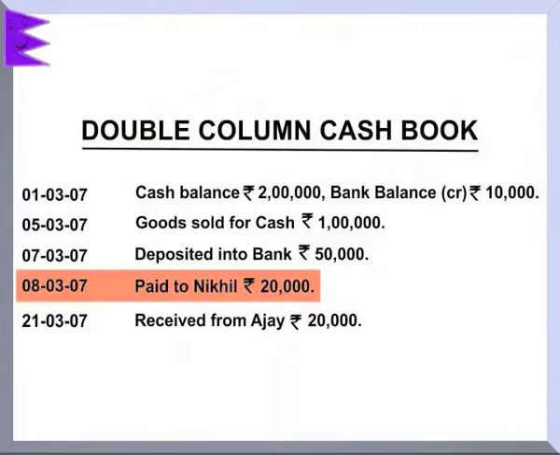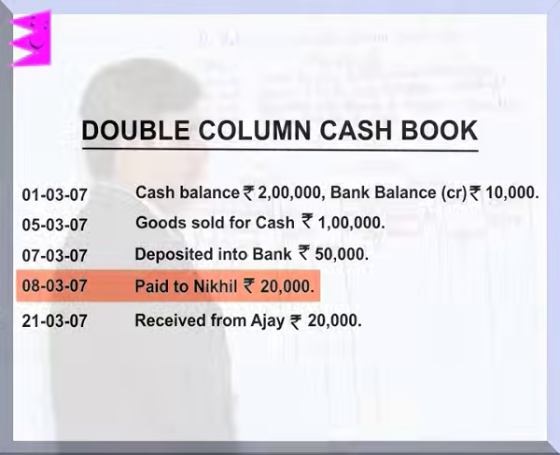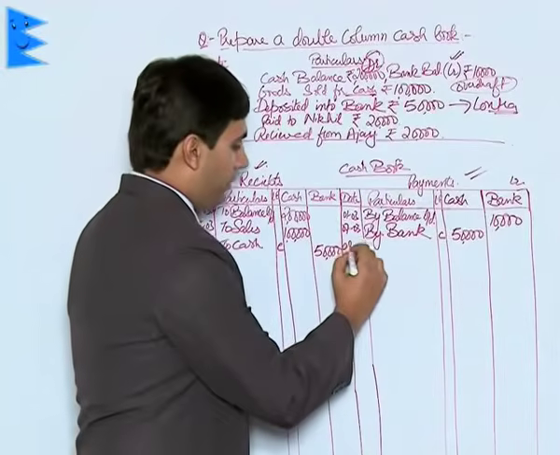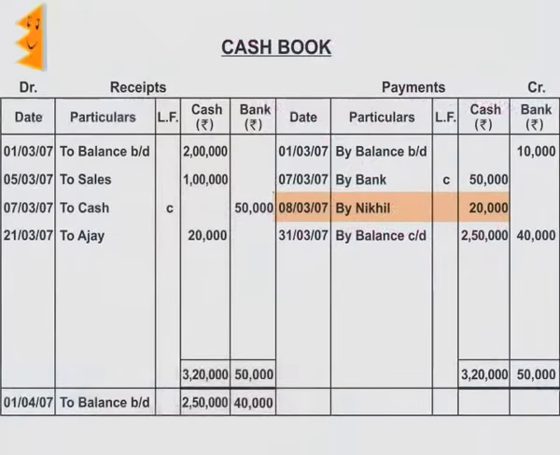Since we are making a payment, we will be making payment in cash, and payments are recorded on the credit side. So on 8th of March, it would be by Nikhil 20,000 rupees on the credit side in the cash column, since the payment has been made by cash.